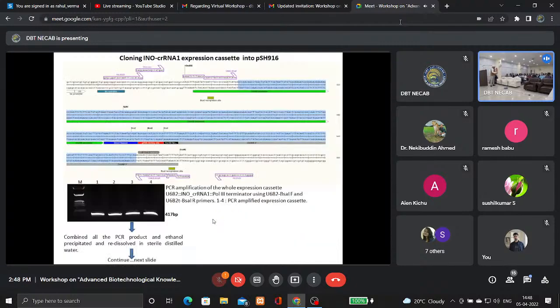Then, now we use again these 2 different primers. What are the primers? Amplification of the whole expression cassette using the U6B2 BsaI forward and the U6 BsaI reverse primers. This is the U6B2 forward primer, and the second one is the BsaI.